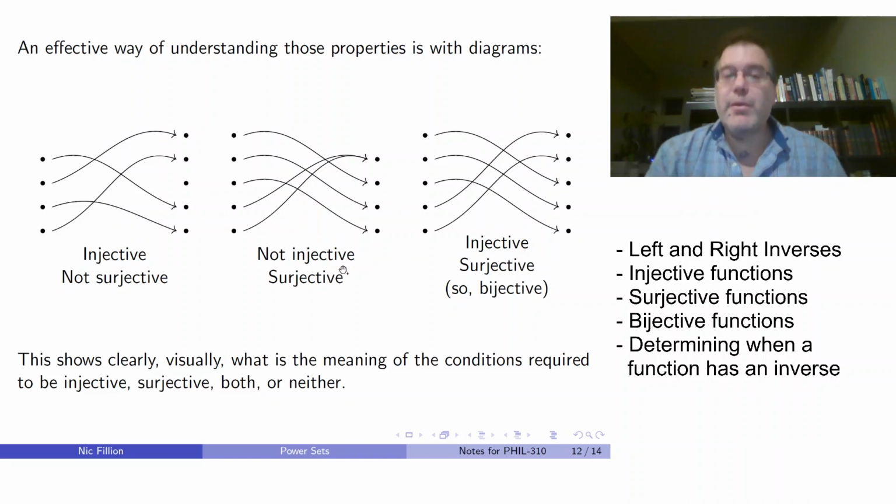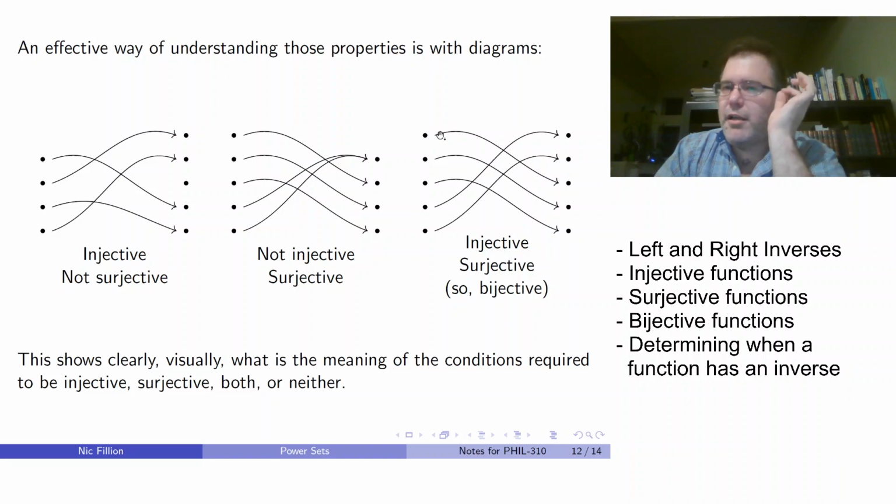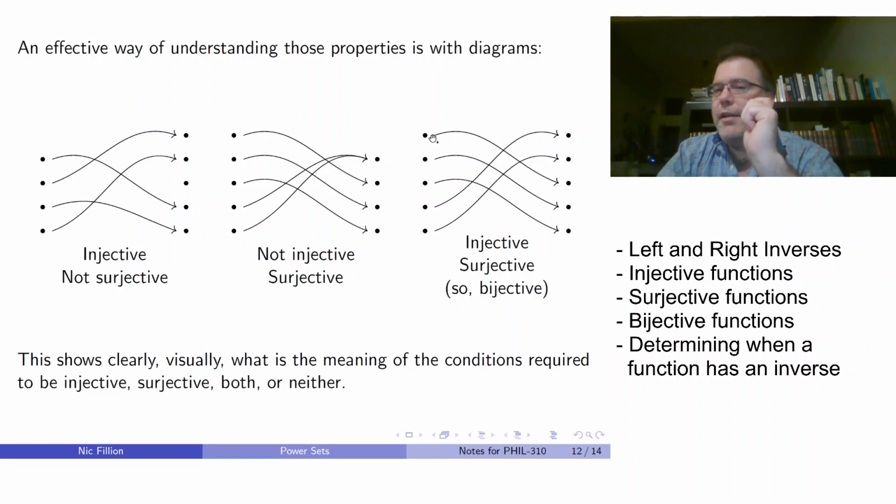What happens when we have both injective and surjective? Well, every element of the domain is mapped onto a different element of the codomain. And also every element of the codomain is mapped onto by at least one element of the domain. That means that every element of the domain is associated with exactly one element of the codomain, and vice versa.